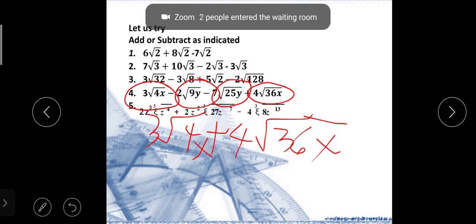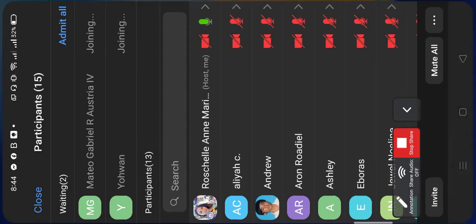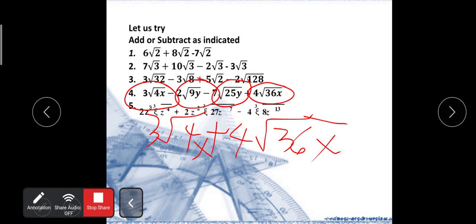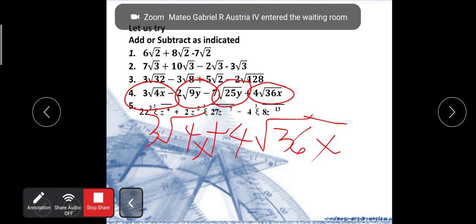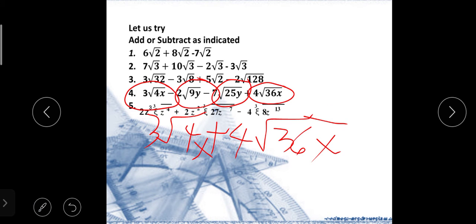Tama? Pero, since simplify yung ating pinag-uusapan, kailangan pababain natin siya. So, pwede pa po kasi siyang isimplify to, ang pinakamababa ay 2. Okay, pwede natin gamitin yung 9. Kaya lang, magiging 9 times 4 siya. Yung magiging square root natin sa loob is 4x pa rin.